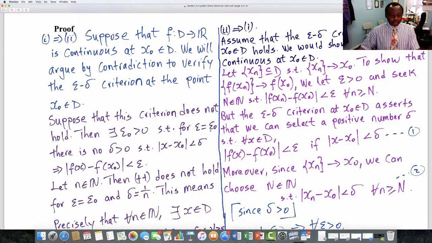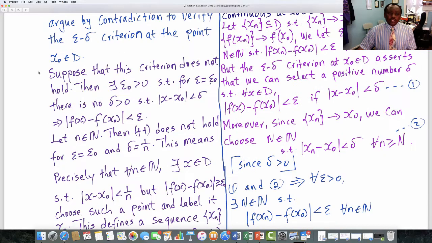Proof, 1 implies 2, or A implies B. Suppose that f from the domain D to the set of real numbers R is continuous at the point x0. We will argue by contradiction to verify that the epsilon-delta criterion at the point x0 holds. Suppose, on the contrary, the epsilon-delta criterion does not hold.